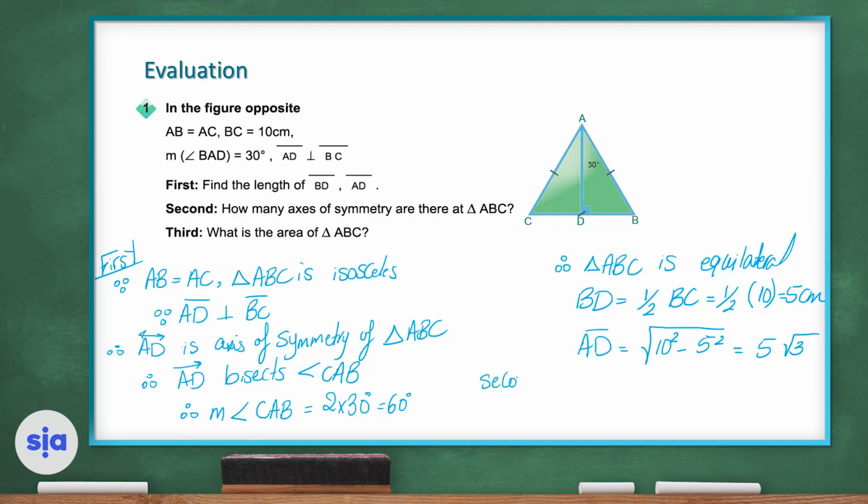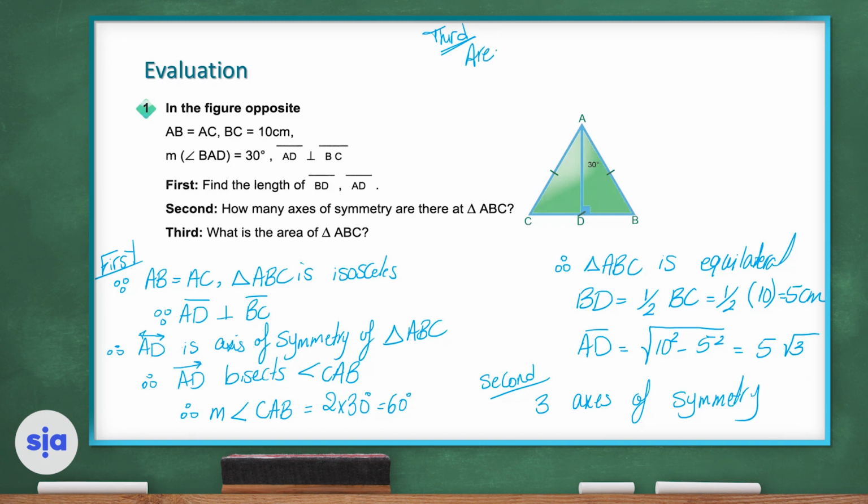The second part of the question asks how many axes of symmetry there are in triangle ABC. As we mentioned, triangle ABC is equilateral, so it has 3 axes of symmetry. The third part of the question wants you to find the area of triangle ABC.